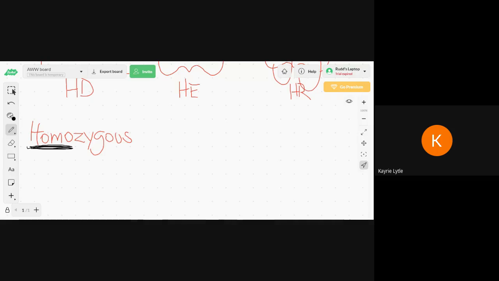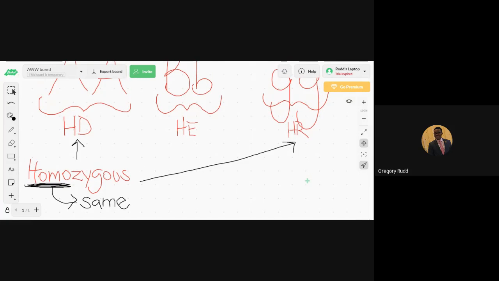It means the same. All right. So in this case, we have two homozygous genotypes. We've got one that is homozygous dominant and one that is homozygous recessive.